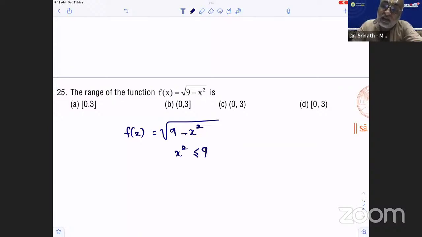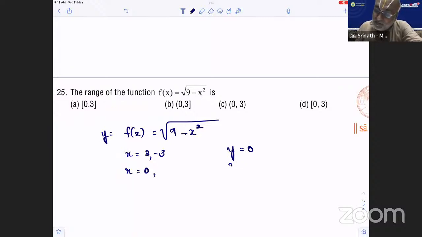What is the minimum value of f of x? When x is equal to 3 or minus 3, your y value will become equal to 0. Suppose x is equal to 0, your y value will become maximum, root 9, it will become equal to 3.